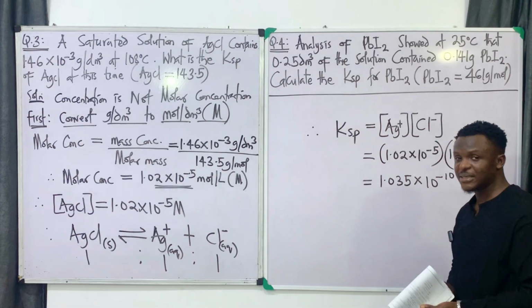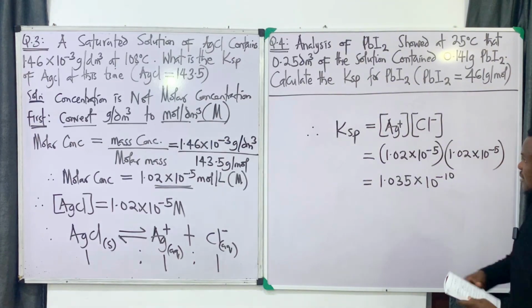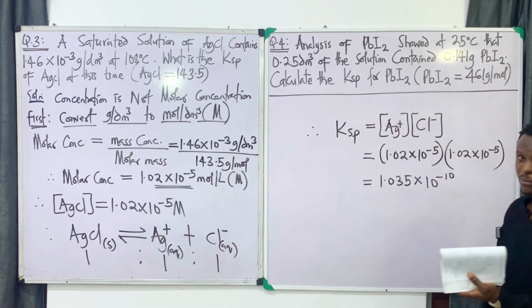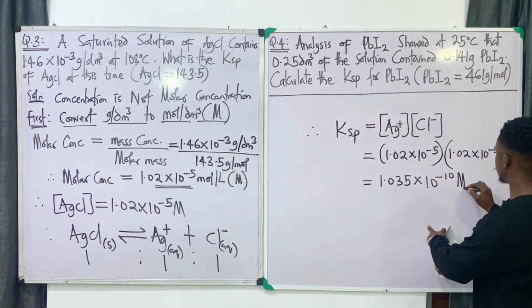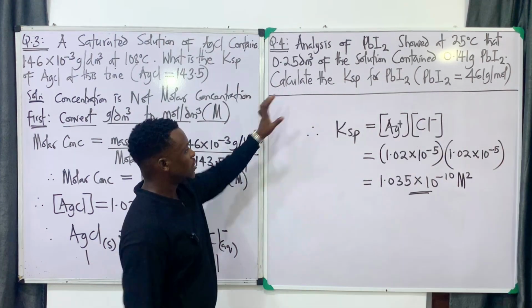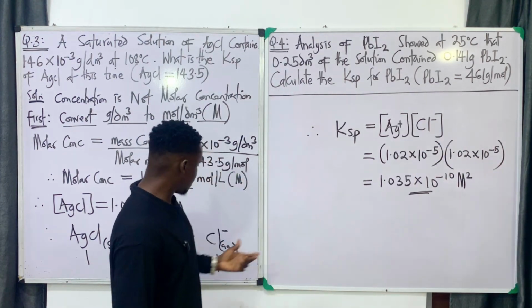And once again, just in case you want to add the units, this is molar, this is also molar, so molar times molar gives us molar squared. So that is how we got the answer for this. This is the Ksp for this class.